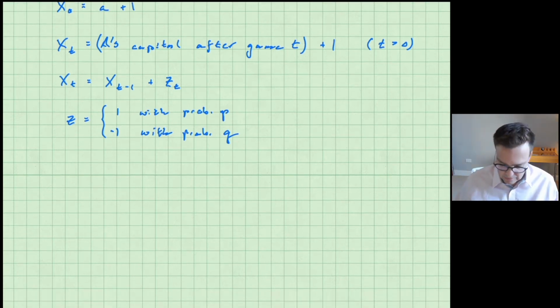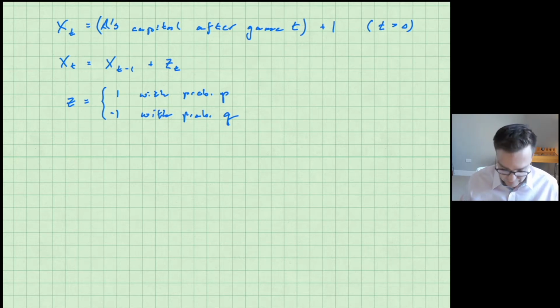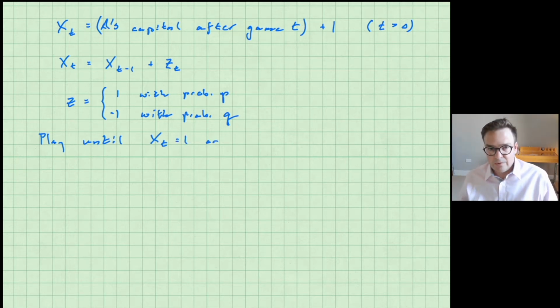Okay? And the way the game works is you keep playing until somebody's ruined. So keep playing more and more games until some particular time at which somebody's ruined. So either x_t is equal to 1, which would mean player A is ruined, right?